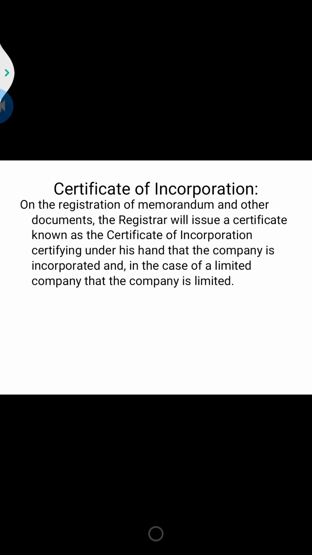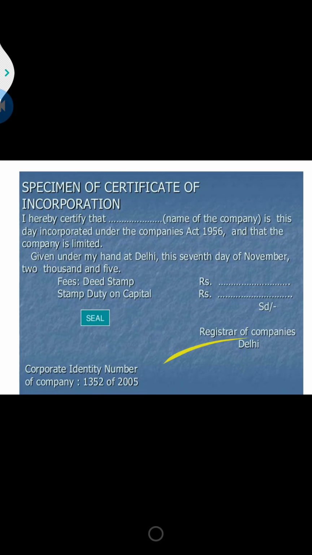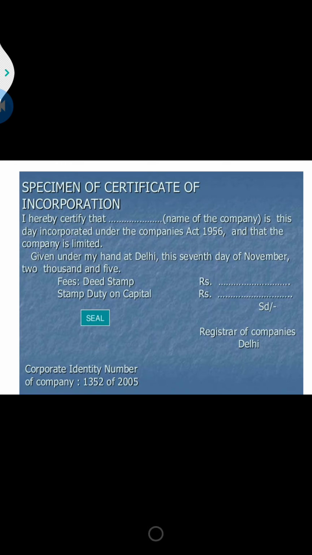So you cannot change it again. Even though it is wrong, it will be final once the certificate is issued. Okay, so here you have a specimen certificate of incorporation. Just go through that.